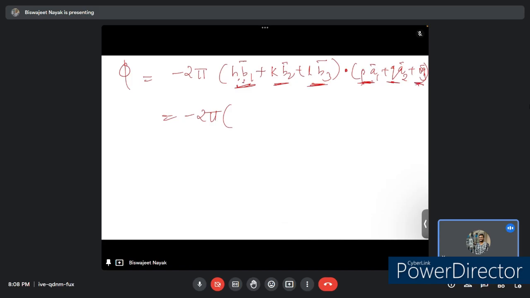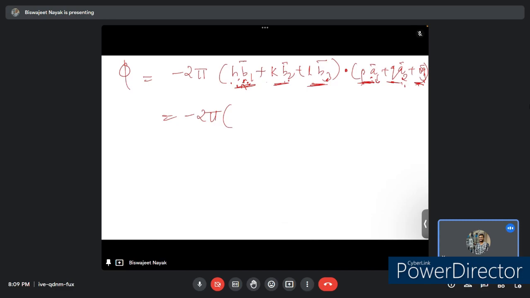So each of the elements, this b1 will be dotted with a1, b2 with a2 and b3 with a3, and other terms will be 0, because as we know this dot product gives us b1 a1 times cos theta. Here b1 and a1 are in the same direction, so the angle is 0, so these terms will remain. b1 and a2 are perpendicular to each other. b1, b2, b3 are in perpendicular directions.